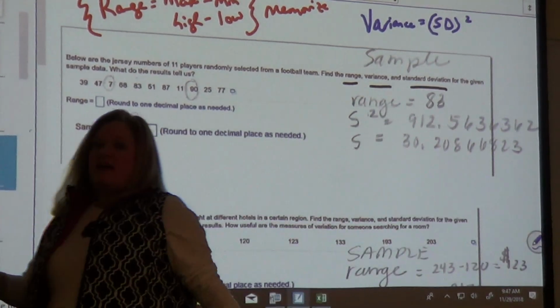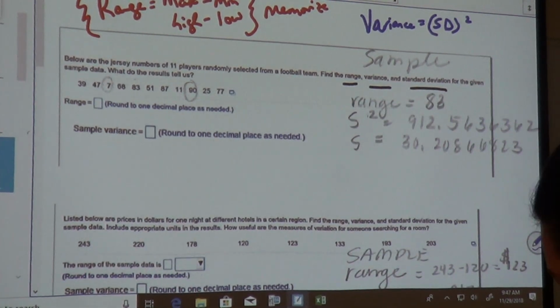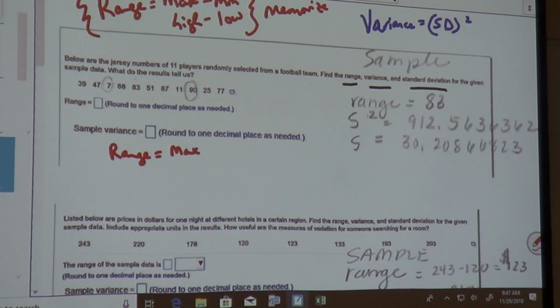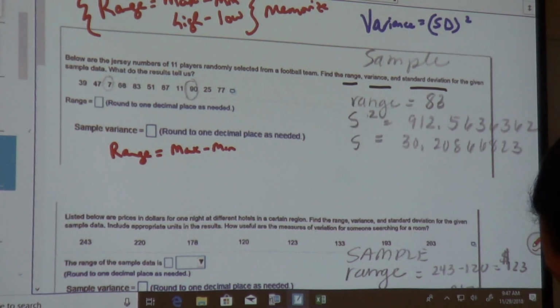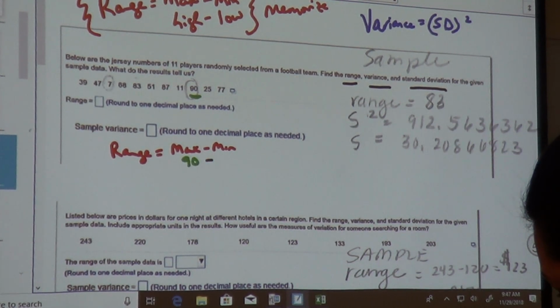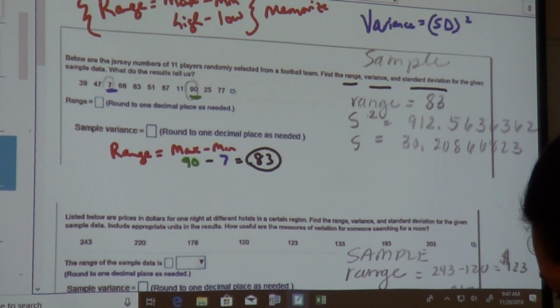So, my range is going to be max minus min, or high minus low. So my high is 90, my low is 7, so my range is going to be 83.